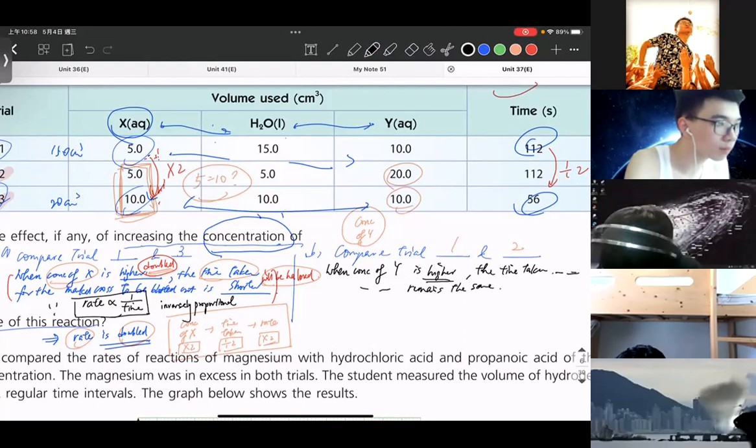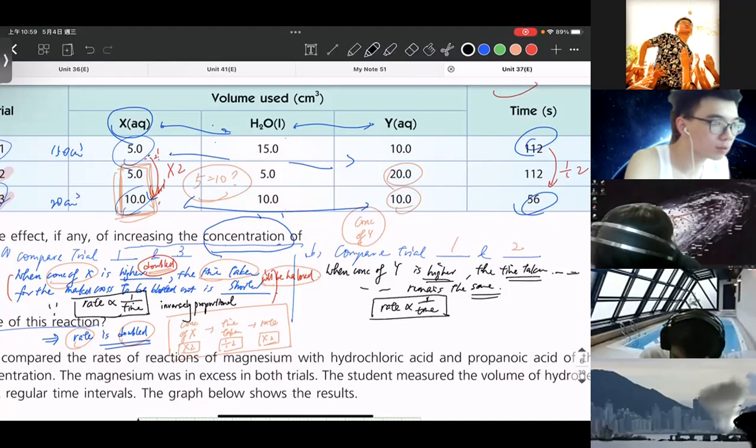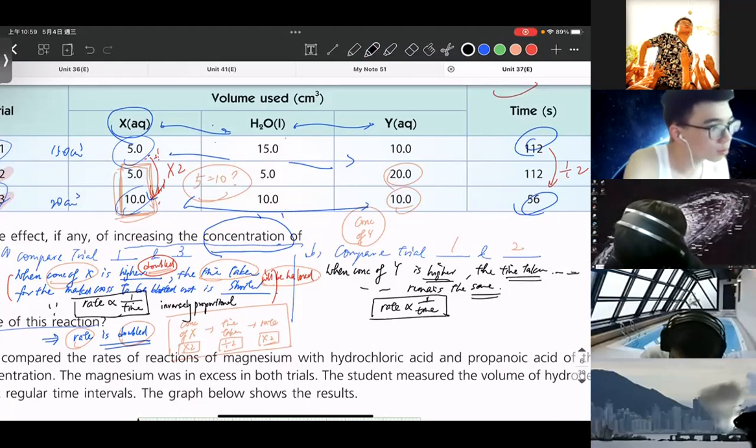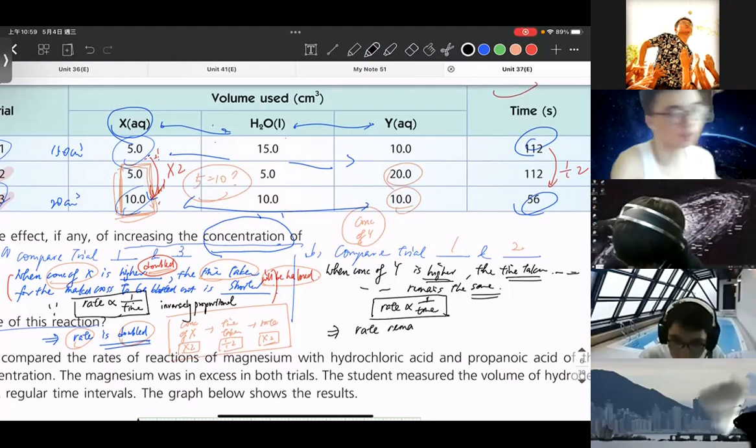How does the rate relate to time? They are in inverse proportion, right? Yes. In case the time has not changed, how about the rate? The rate remains unchanged.